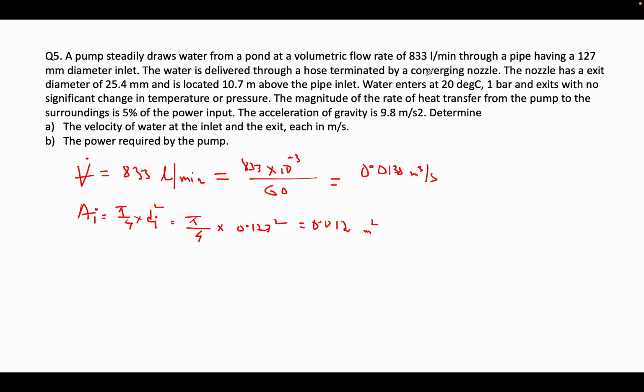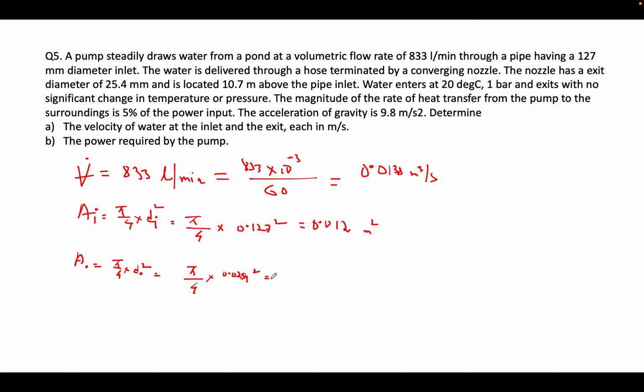Now water is delivered through a hose by a converging nozzle. The nozzle has an exit diameter. The exit diameter is also given, so I can calculate the exit area. That will be pi by 4 times the exit diameter squared. So that will be pi by 4 times 0.0254 squared, divided by 4.